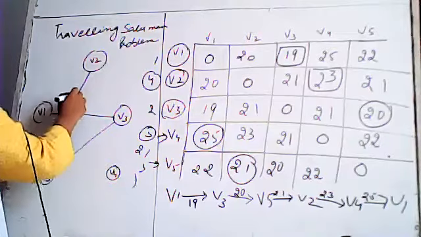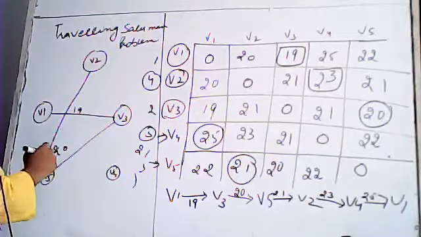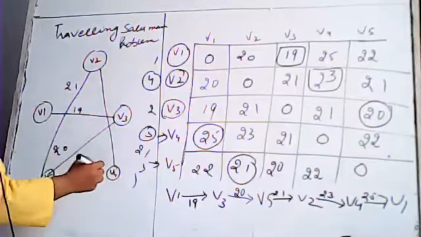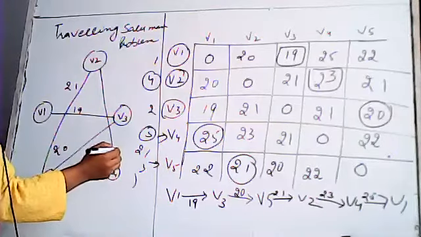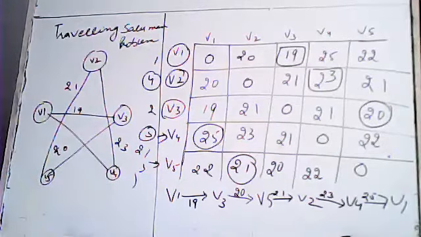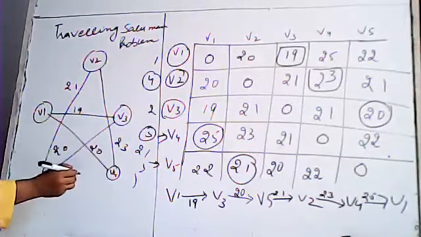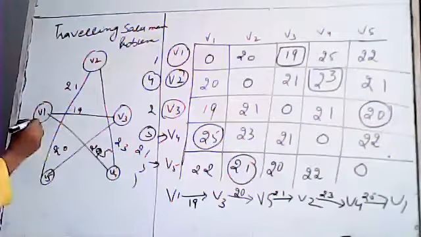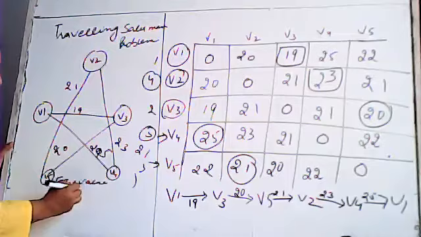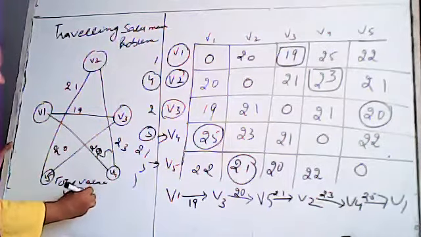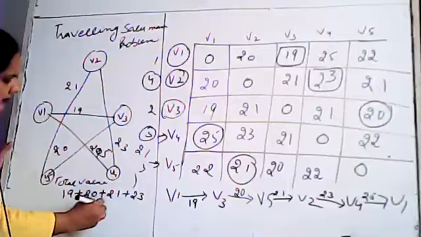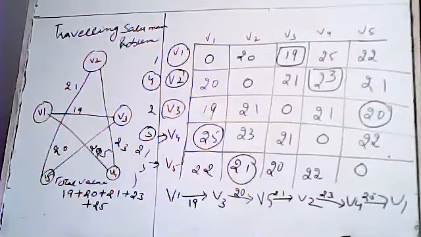From V5 to V2 is how much? 21. V2 to V4 it is how much? 23, exactly. And V4 to V1 is 25. Now you add up all these values. The total would be 19 plus 20 plus 21 plus 23 plus 25. So give me the total of this.